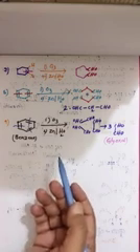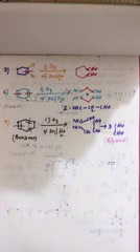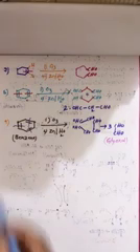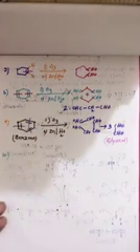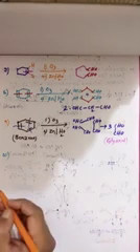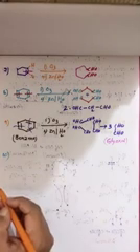And sometimes what they will do is ask a reverse. They will give the product and ask for the reactant. And this is one more I am giving here. They will give the product.